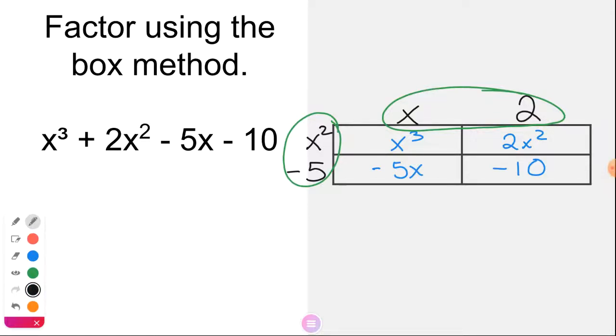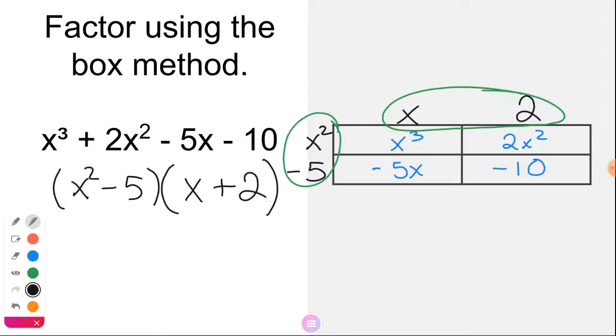We started with x cubed plus 2x squared minus 5x minus 10, and we factored those in two parentheses, and we got x squared minus 5 on the side, and x, and since that 2 is positive, we have a plus 2. That is the factored form of that polynomial.